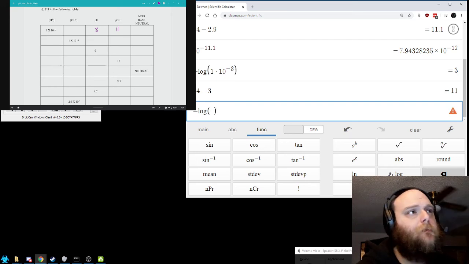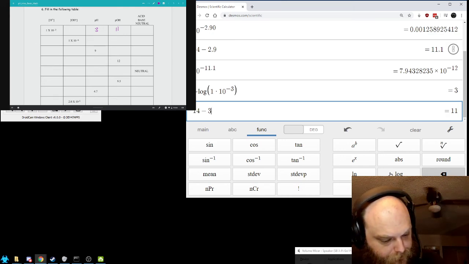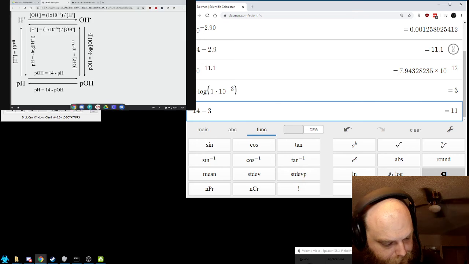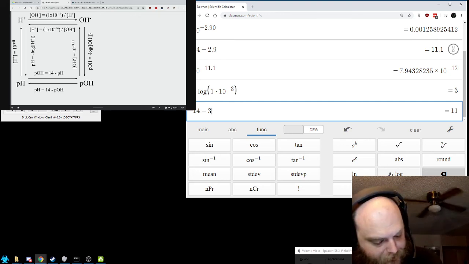I'm sorry. What am I looking for again? OH minus concentration. Our little square says that we need to go ahead and take 10 raised to the negative pOH. I'm so sorry.